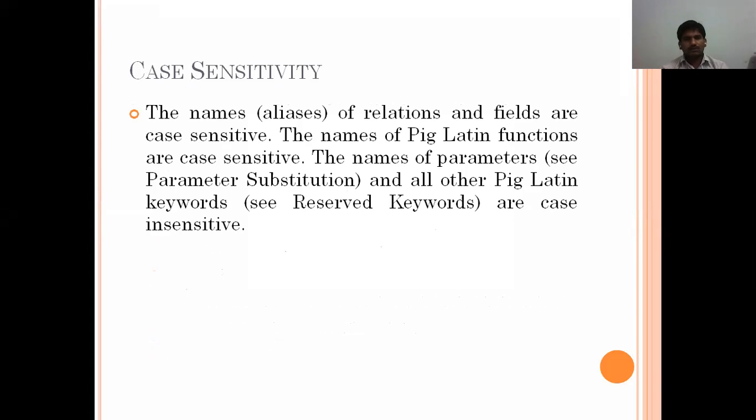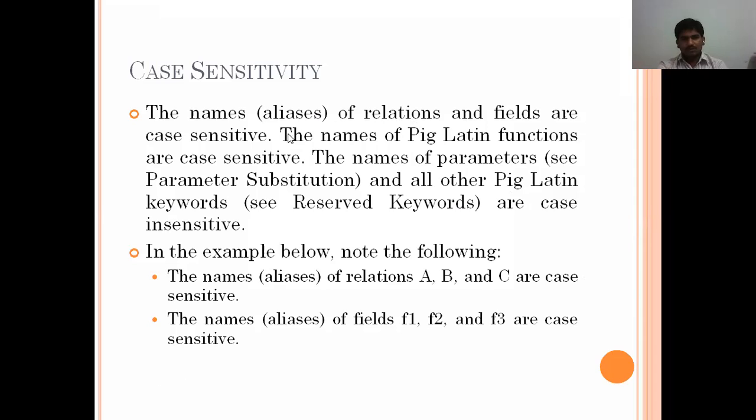Keywords are reserved words, and you can use a capital letter or a small letter. Only the keywords can be small or capital, but relationships are case sensitive. Names of Pig functions are case sensitive. Other parameters and other keywords are insensitive.